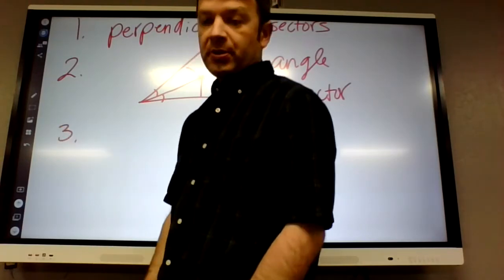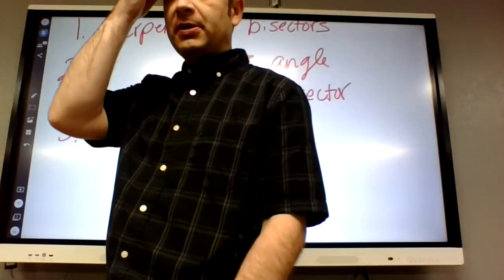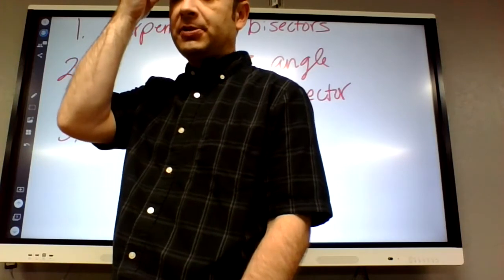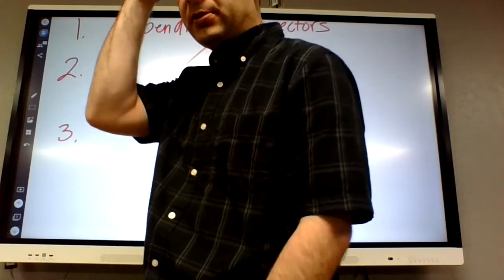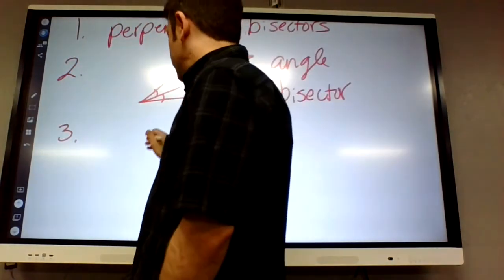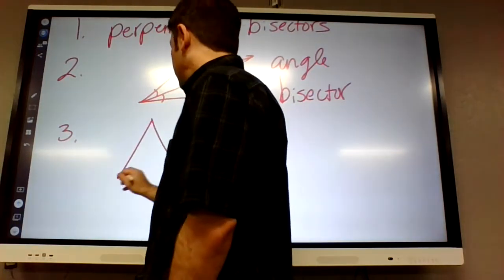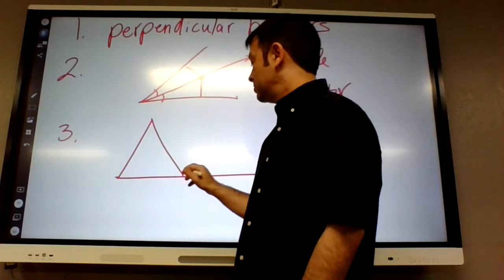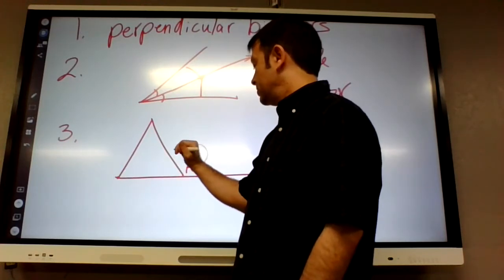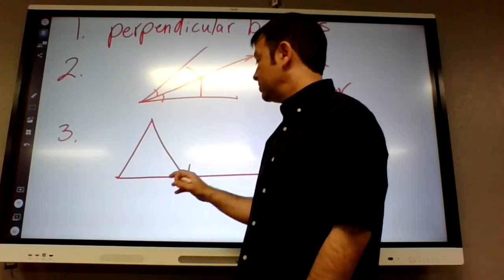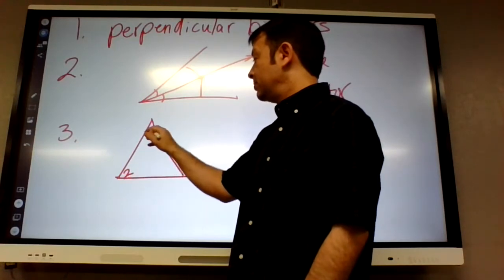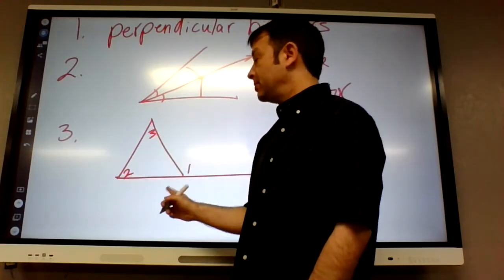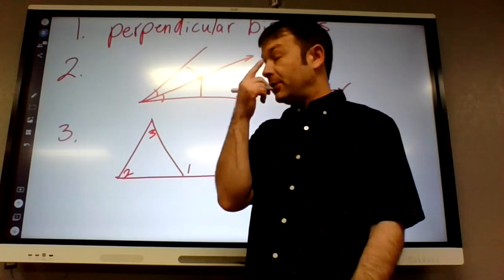Okay, number 3. The measure of a triangle's exterior angle is blank the measure of either remote interior angle. You guys know what that's talking about? The measure of a triangle's exterior angle, I'll call it angle 1, compared to either remote interior angle.